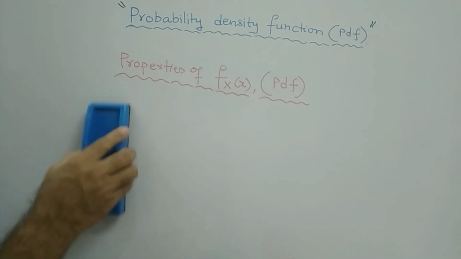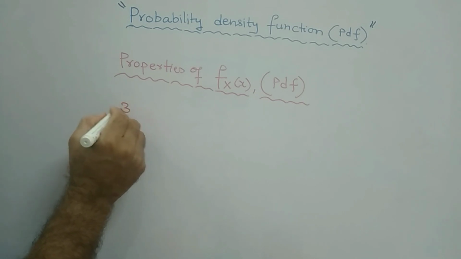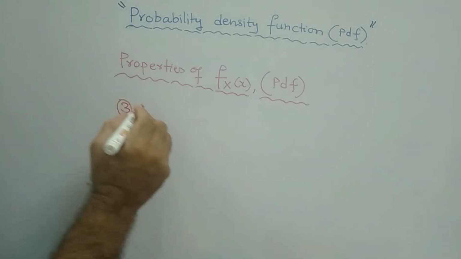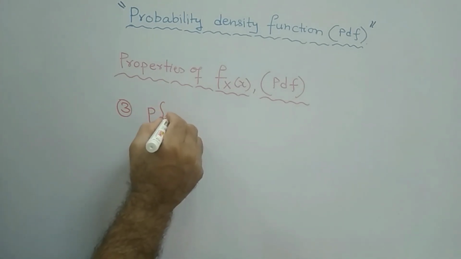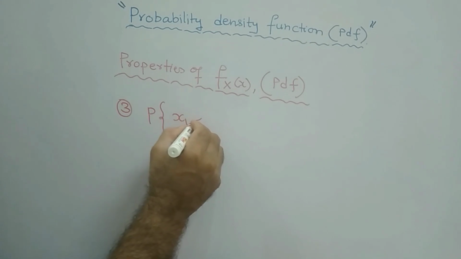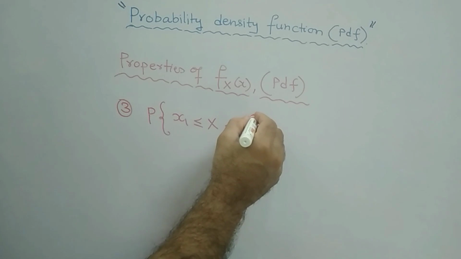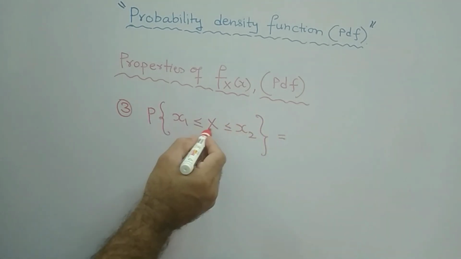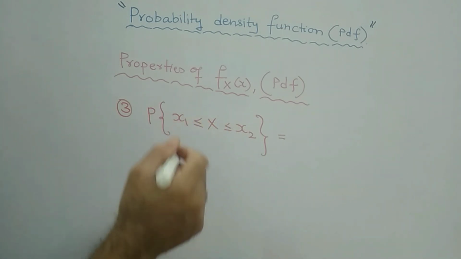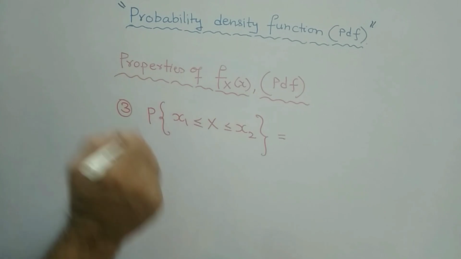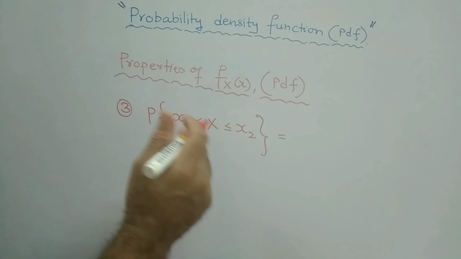Say for example, if the probability is given between some x1 less than or equal to capital X less than or equal to small x2, let us say, where X is the random variable, and x1 and x2 are my possible outcome values of X. Clear? Here x1 and x2 are the possible outcome values.